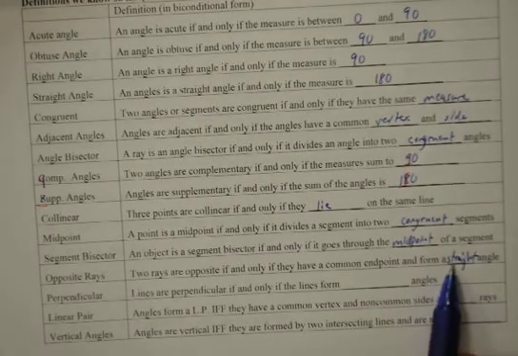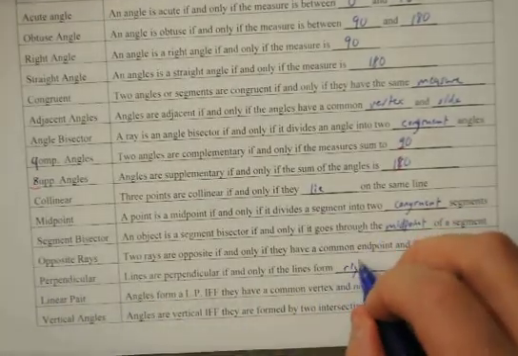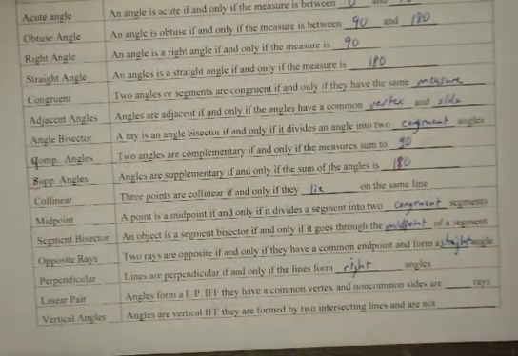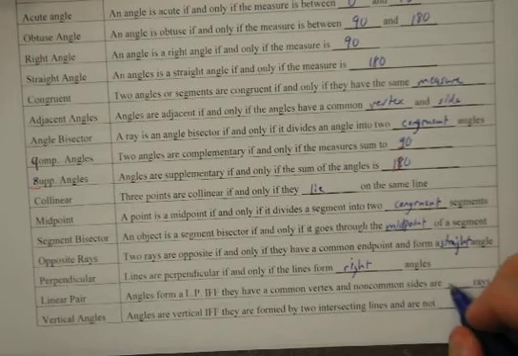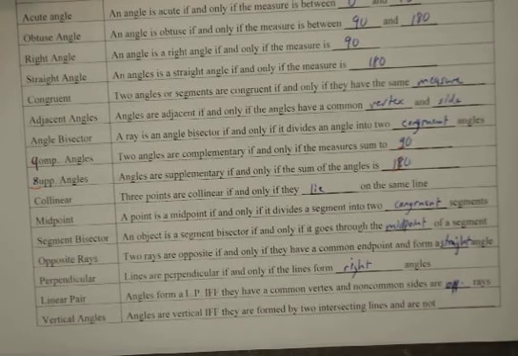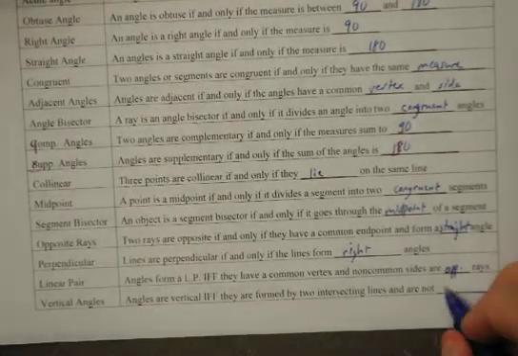Straight. It says straight. It's kind of small. Perpendicular lines form right angles. Linear pair, if and only if they have a common vertex and the non-common sides are opposite rays. Just put OPP for opposite. And then vertical angles are formed by two intersecting lines and are not adjacent.